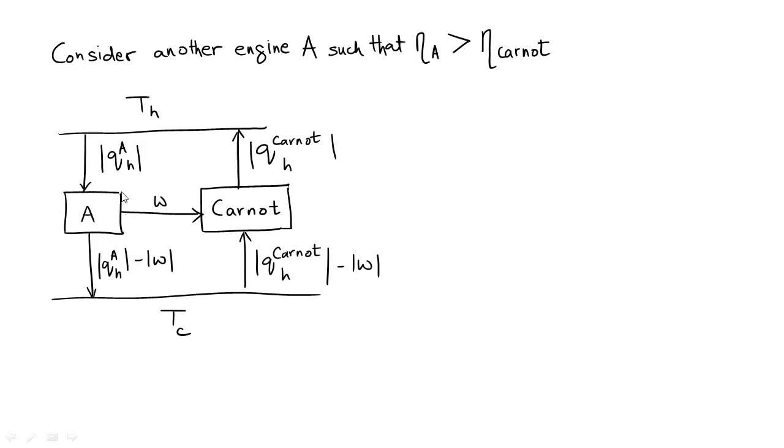The work output from A is used to drive the Carnot engine backwards.